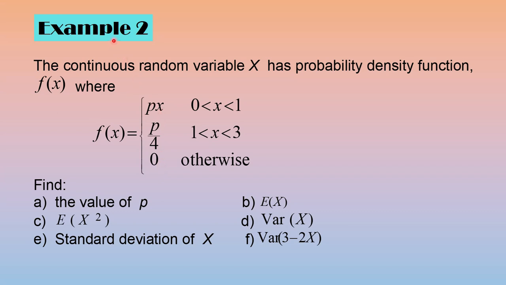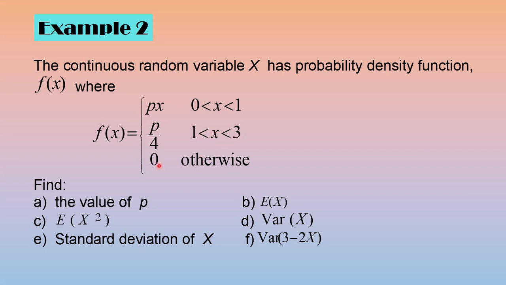Okay, now we continue with example 2. The continuous random variable X has probability density function f(x), where f(x) is equal to px for x more than 0 and less than 1. For a second interval, the function is p over 4 for x more than 1 and less than 3.